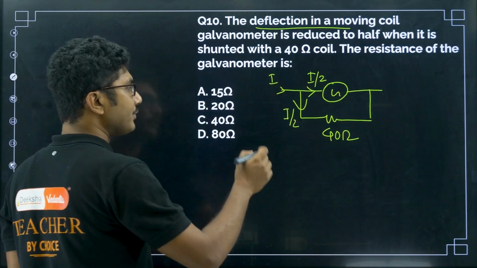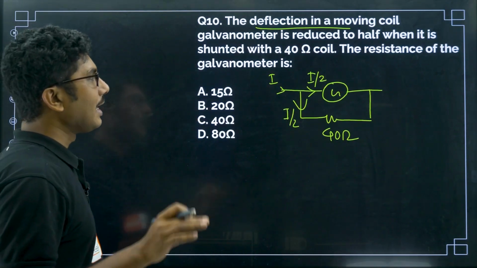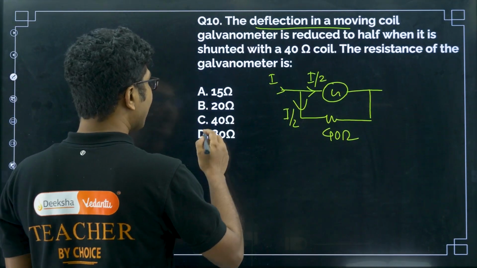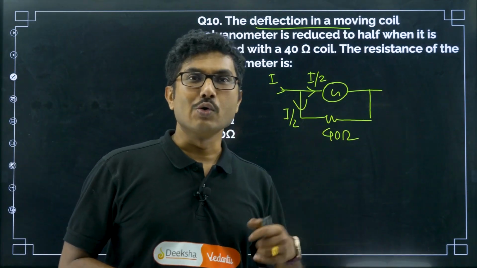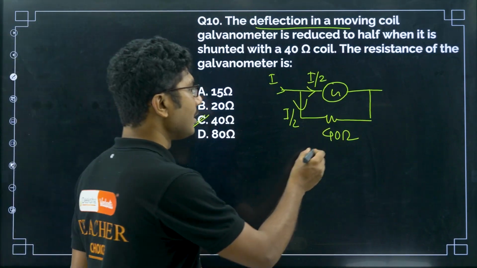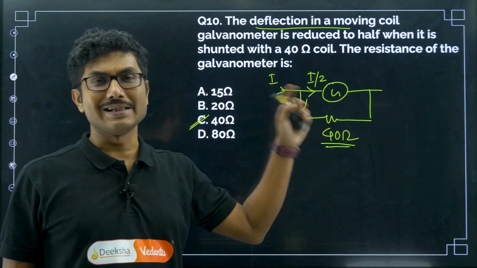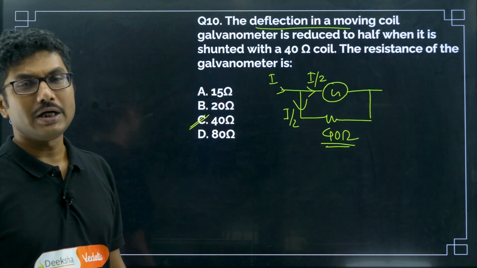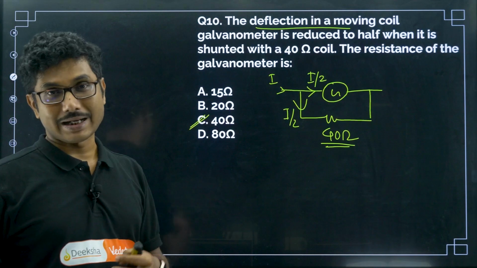You can solve it using the formula I_g equals I times S by G plus S also, but it is not required here. You can simply say that since the current is dividing equally, the resistance of the galvanometer should be equal to that of the shunt resistance. If the ratio was anything else, then you can use the formula that I gave you and calculate it.